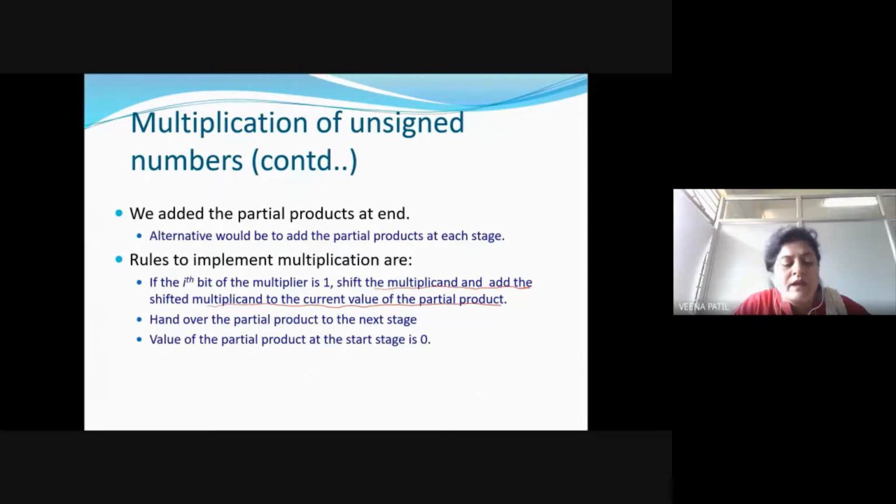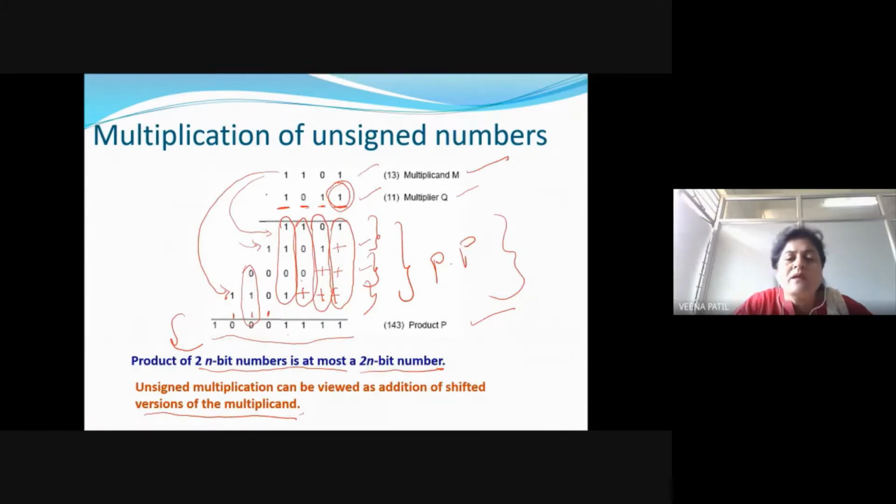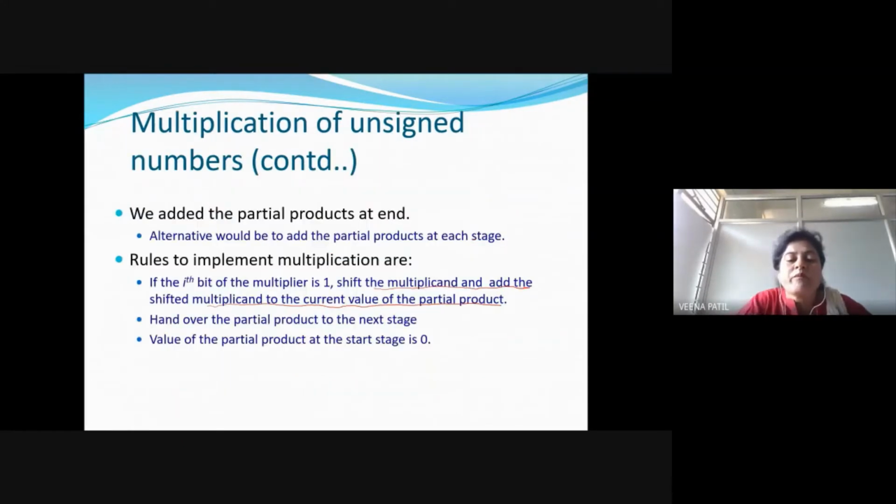So far, we have just checked the multiplier bit. If any ith bit is 1, we shifted the multiplicand and added the shifted multiplicand to the current value of the partial product.